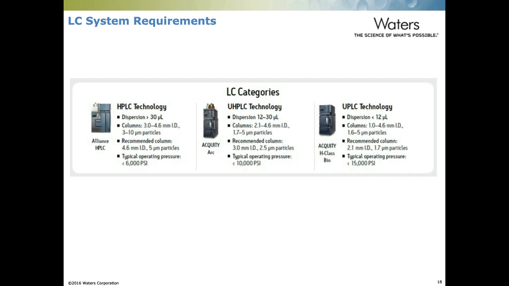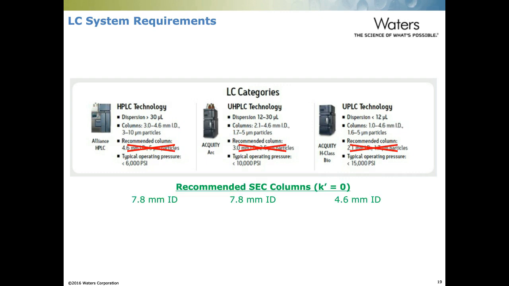So if we consider an SEC column, what we would recommend is, as you go from HPLC to even UHPLC technologies, that the larger column IDs are always going to give you better resolution than the smaller column IDs. And pushing 4.6 millimeter into an HPLC or UHPLC separation will give you a loss of ultimate resolution. So you really need lower dispersion systems. So we need 4.6 millimeter ID columns for UPLC SEC separations.